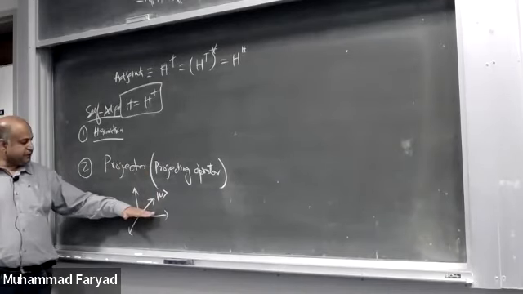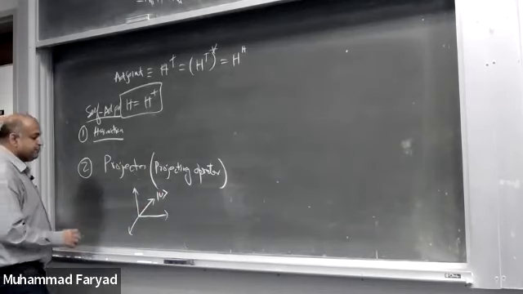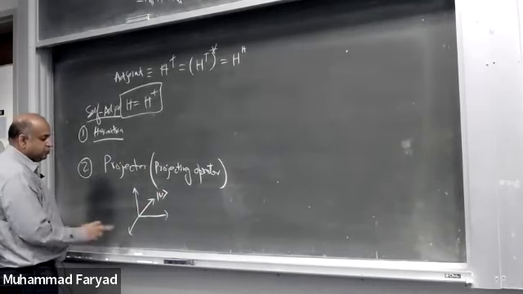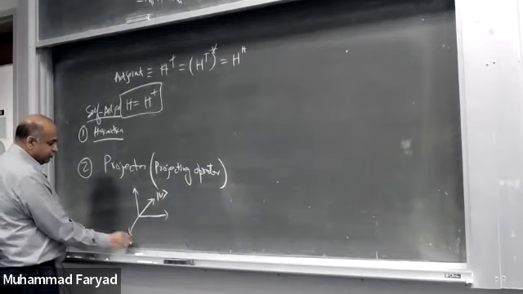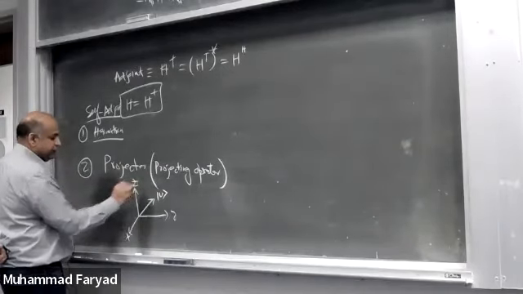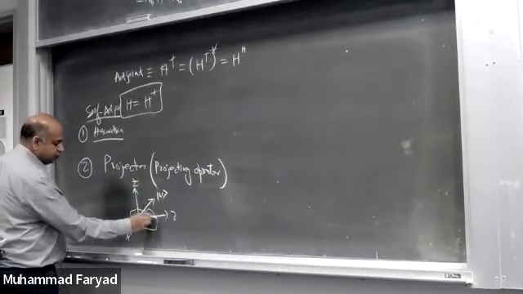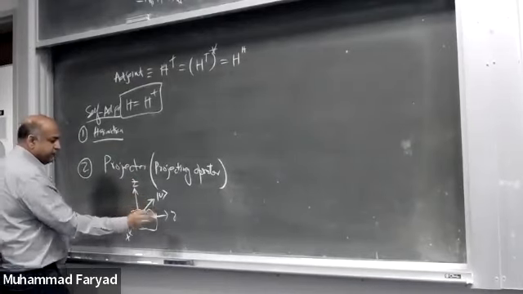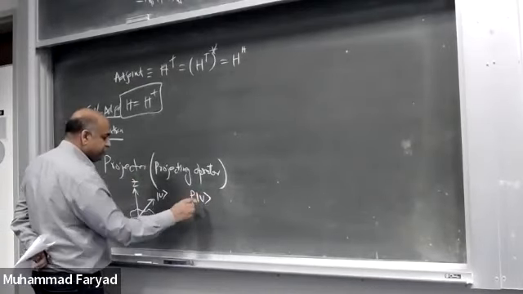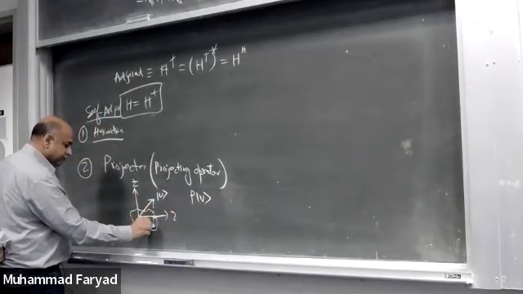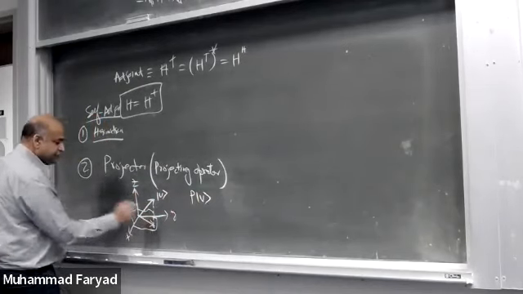And that subspace is specially defined. For example, I want to project this state into this XY plane. So then my operator, when it operates on this vector, will give me a vector which lies in the XY plane.